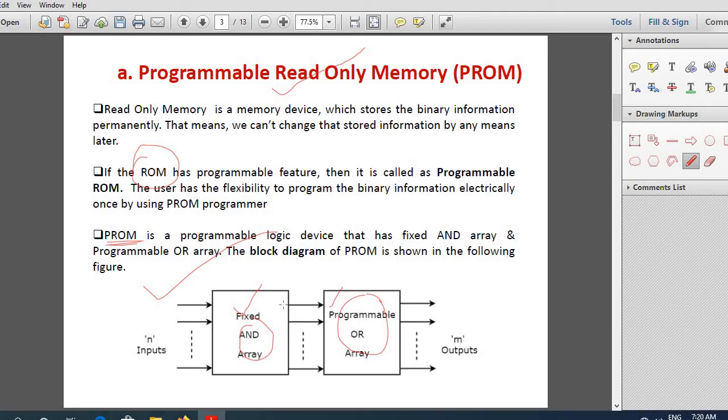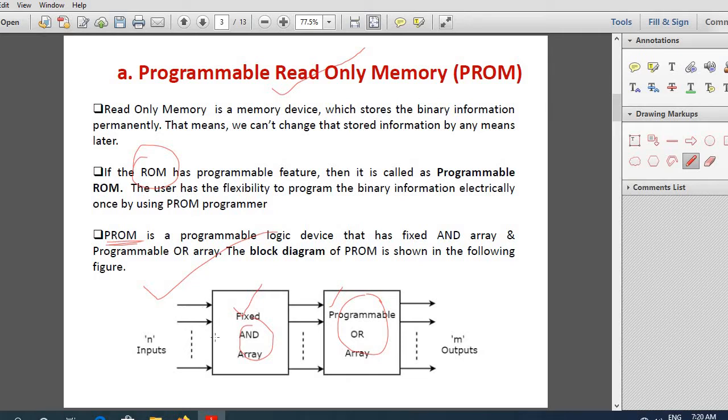For example, your input variables are A and B. The first AND gate is producing A and B. Here A complement is available, B complement is available. Variables in both original form and complemented form are available.